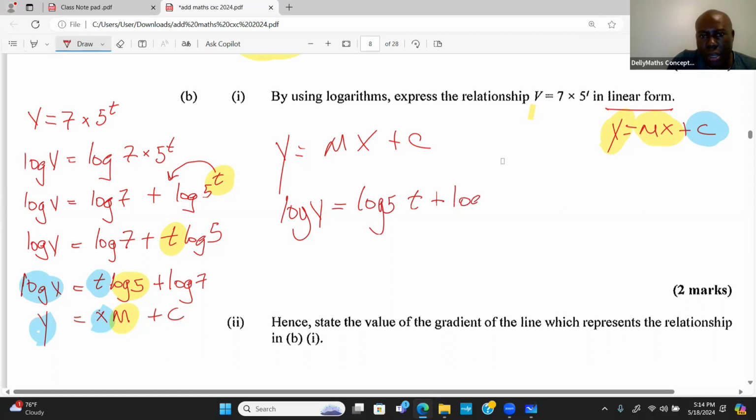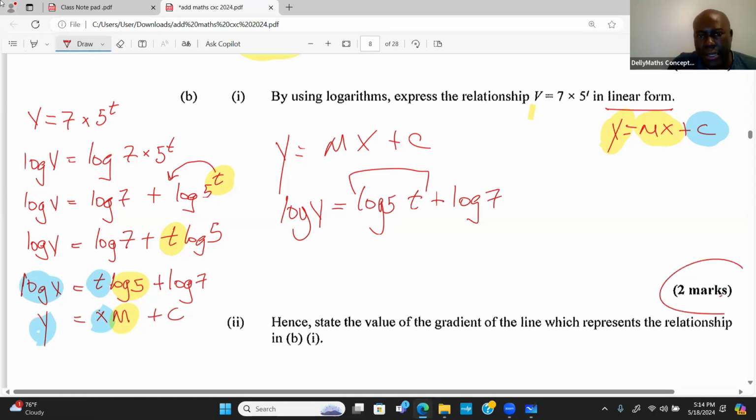Plus log 7 here. So this is like mx plus c, but as we could see, it was t log 5, right? So it's good to go as long as you understand what you're dealing with here, right? T log 5, I'm referring to this part, t log 5, but I wanted you to see y equal to mx plus c right here. So this is what they're referring to.